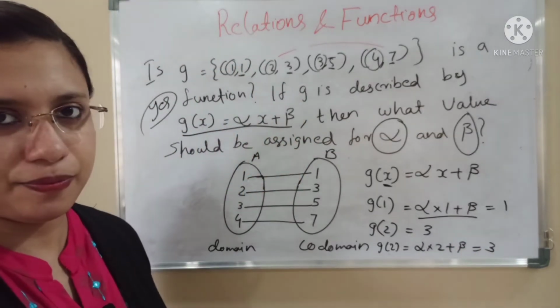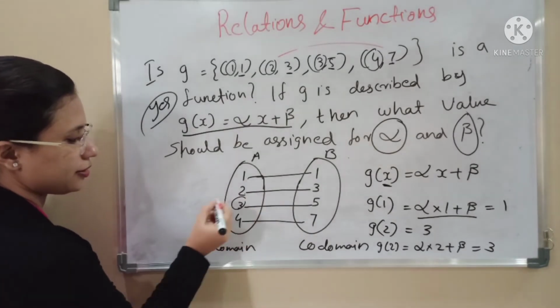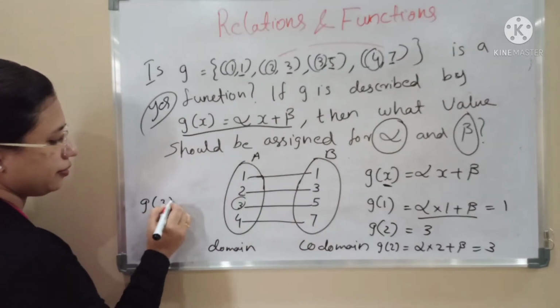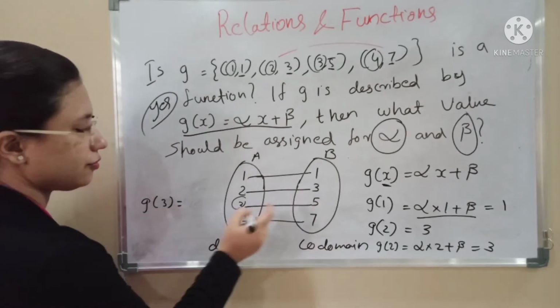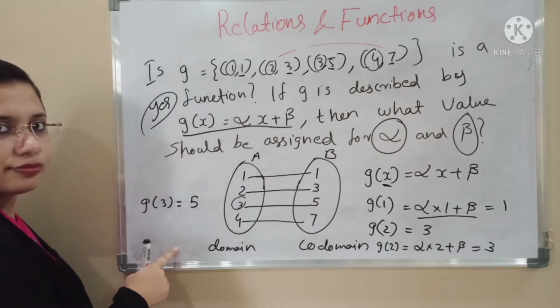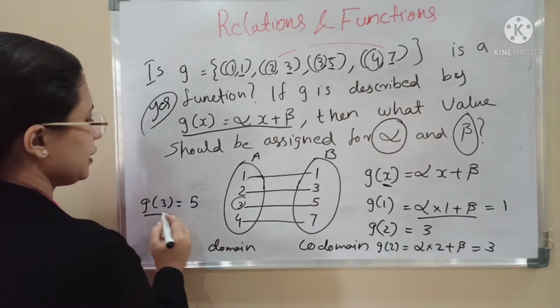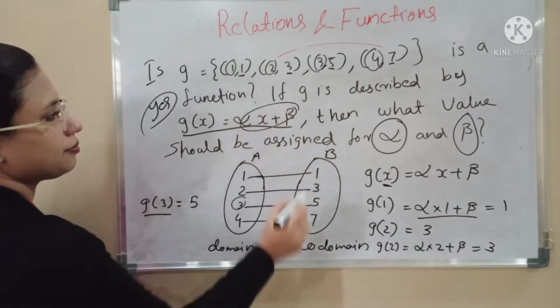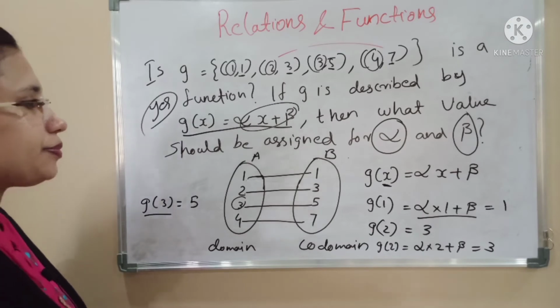Is it clear? Then the next element, G of 3, is 5. In this case we'll substitute 3 in this function. Clear?